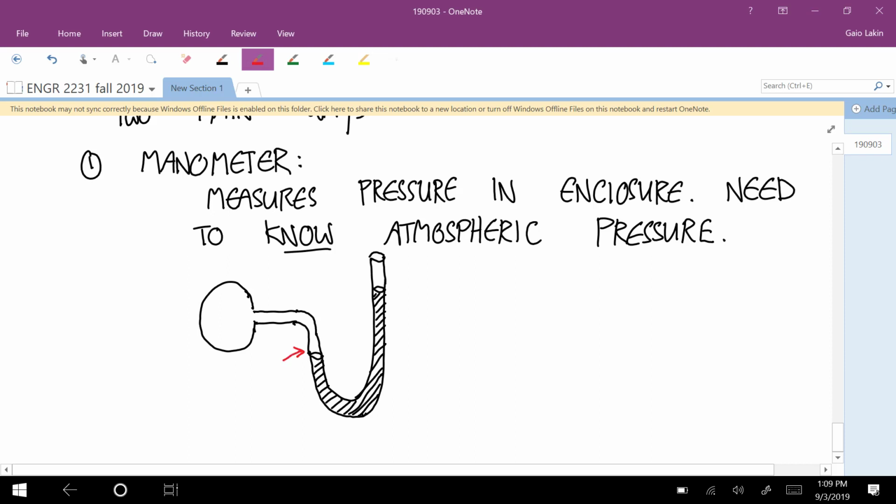What you're trying to measure is the pressure at the enclosed part of the liquid. You're trying to come up with this pressure P. You know the atmospheric pressure, and that's the pressure here.